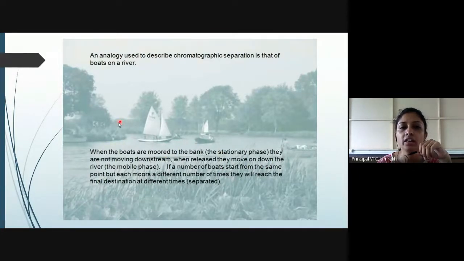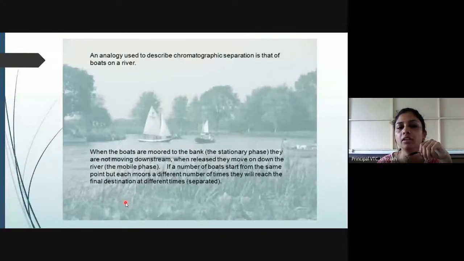When the boats are stuck to the stationary phase and we release them, meaning they are with the mobile phase, the boats will start from the same point, but they will reach different points according to their final destination. Likewise, our components will start simultaneously, but they will move further according to their ability to move with the mobile phase.